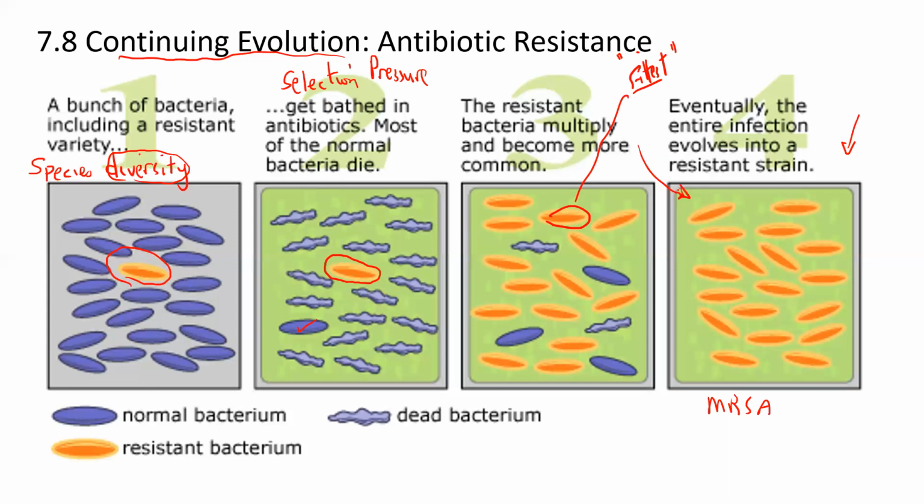Now, be able to apply that to the giraffe story. What would Lamarck have said about this? The environment changed and these somehow willed themselves to survive. They adapted to the environment. No, they just happened to be born with the variation. They pass that on.